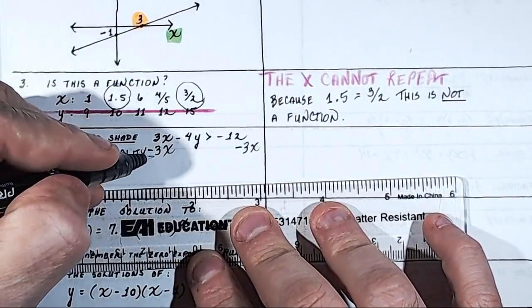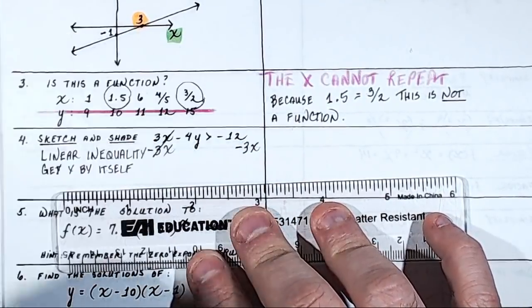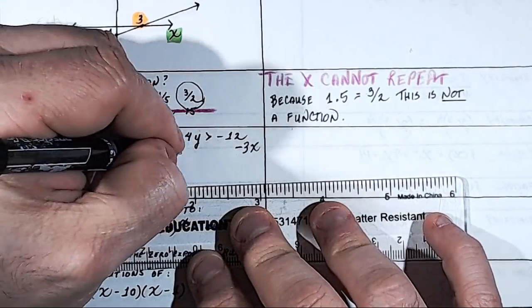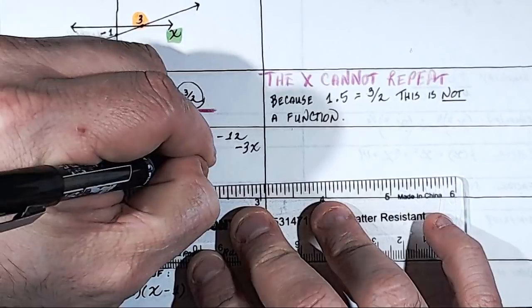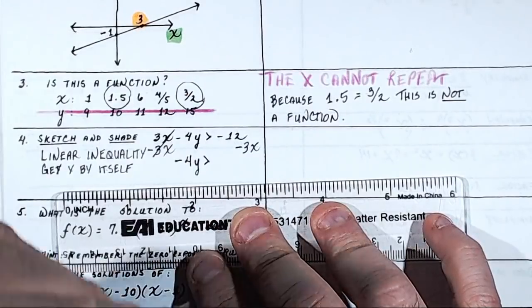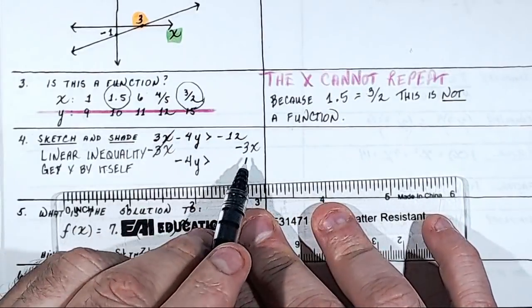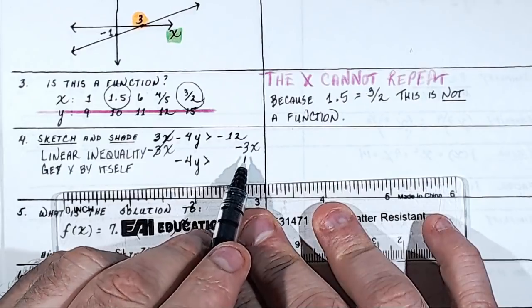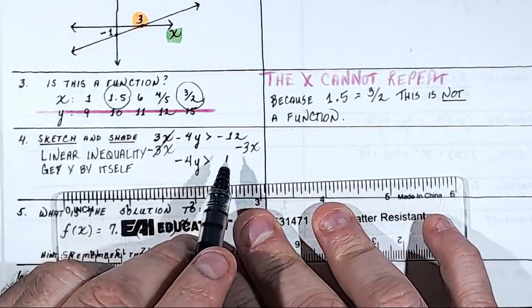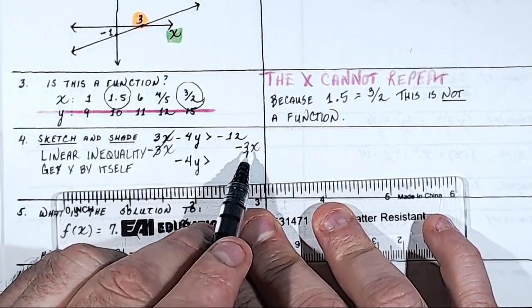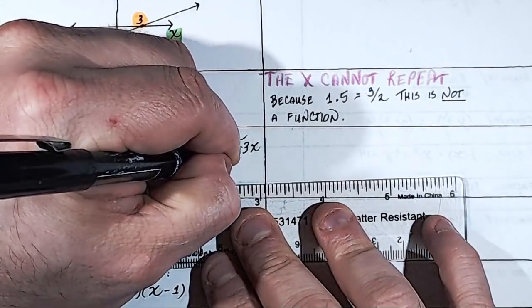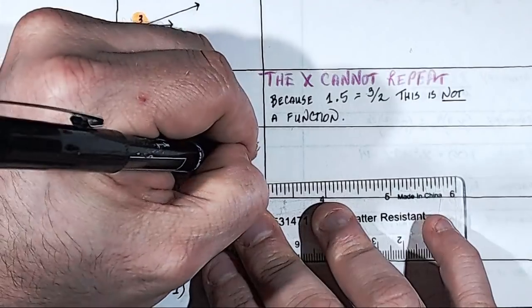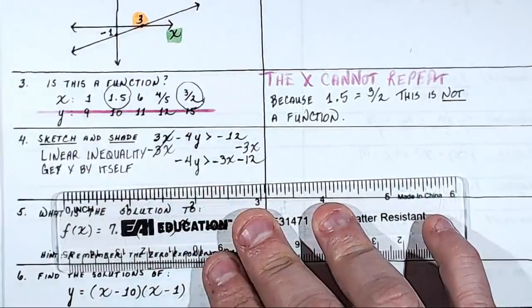Now on the left side, 3x minus 3x is 0, so that cancels that term out. And then we have negative 4y greater than. And remember, the order is important here. We want the x term up front with the number that's stuck to it. So we put minus 3x and then minus 12.